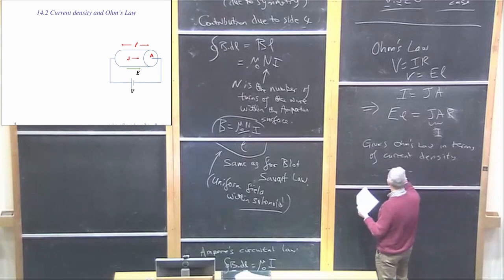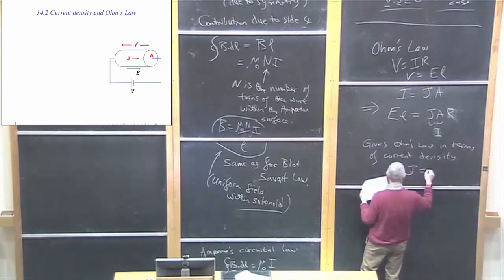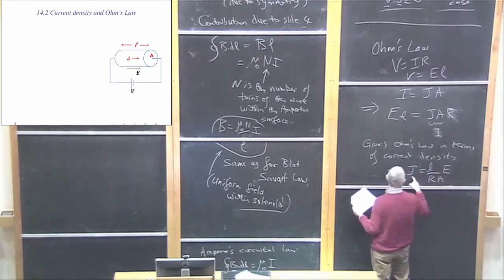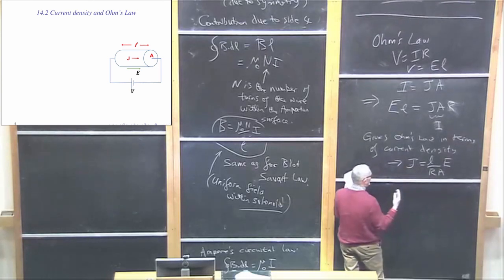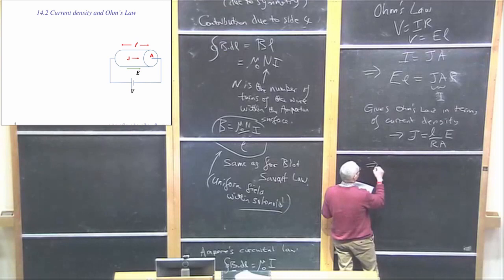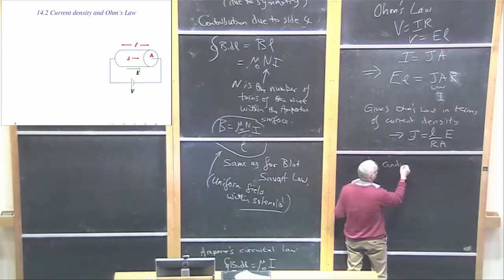So J equals sigma E. This is just Ohm's law written in terms of the current density and the electric field across the wire.